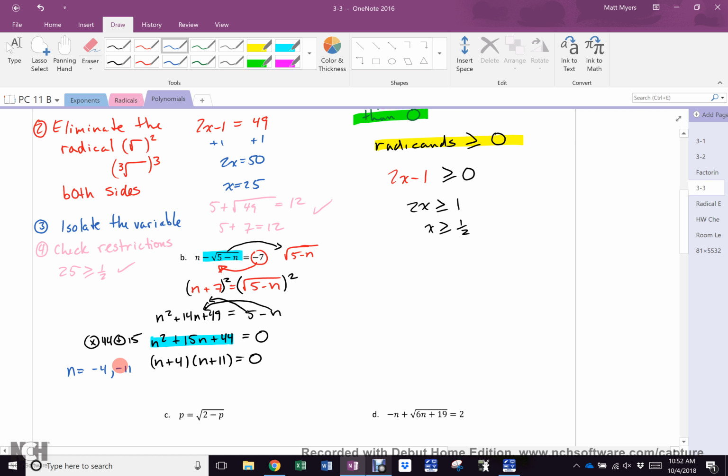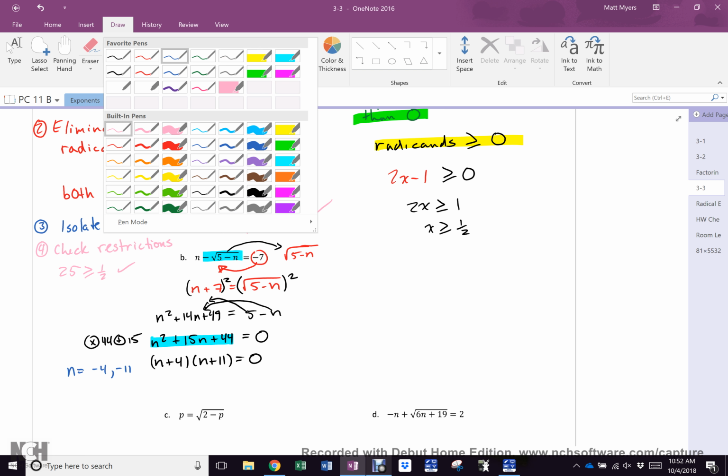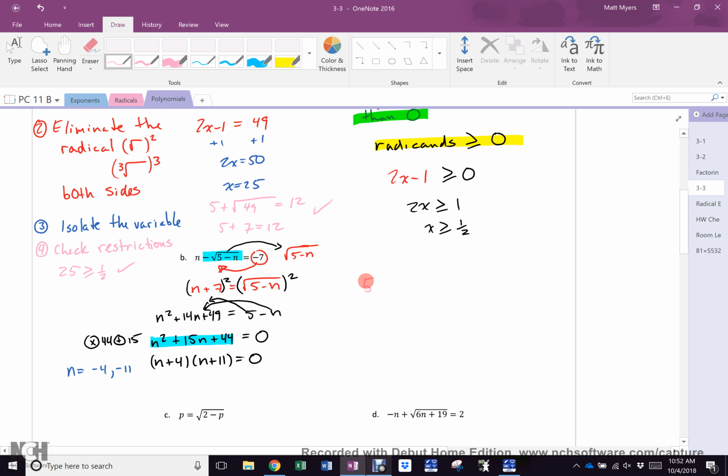How do we know which one it is? Is there one more step? I check my restrictions, yes? And my restrictions say that 5 minus n must be greater than or equal to 0, correct? Well, let's solve that. Negative n must be greater than or equal to negative 5, correct?